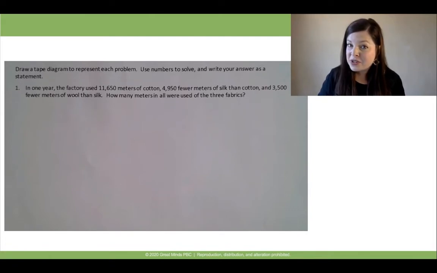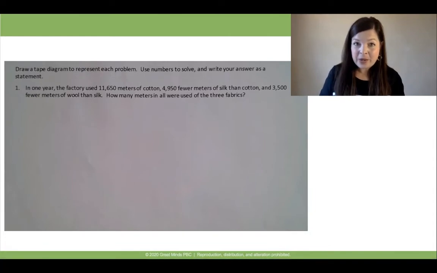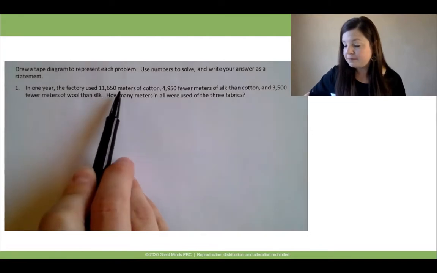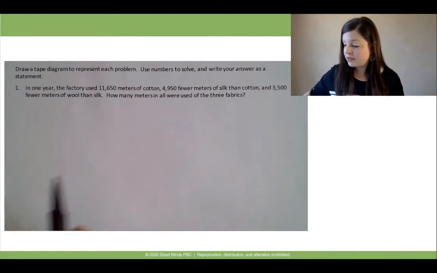Now, before I send you off to draw your tape diagram, let's take a moment to think about what's happening in the story. What do we know, and what are we looking for? Pause the video to talk out your thinking. You may have said one thing that we know is how many meters of cotton were used. They told us that. Now, they also used silk, but we don't know how much silk was used.